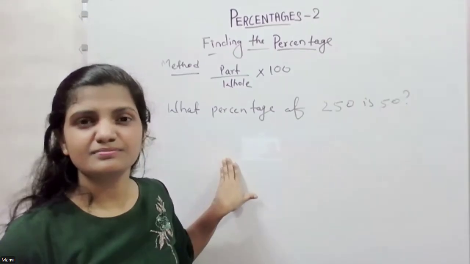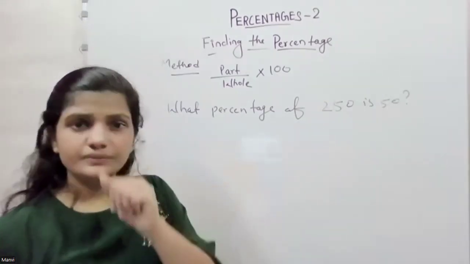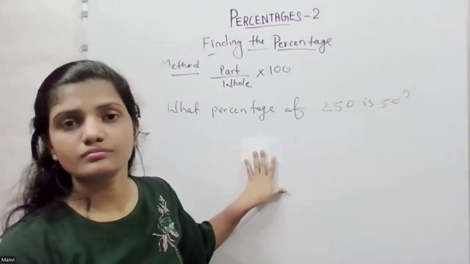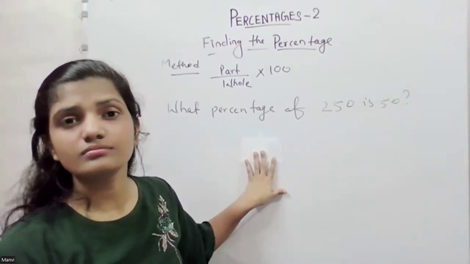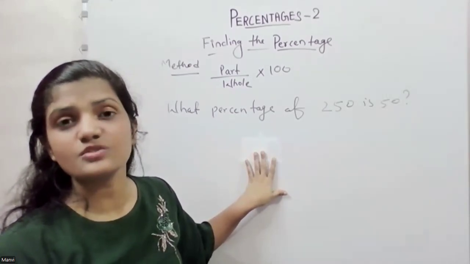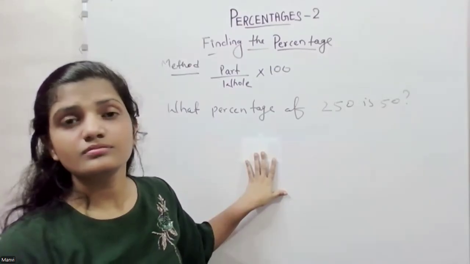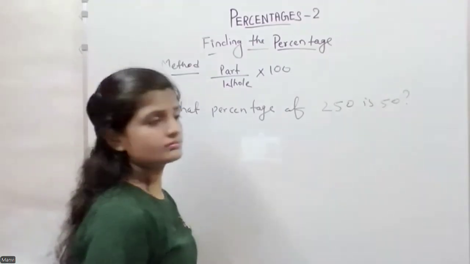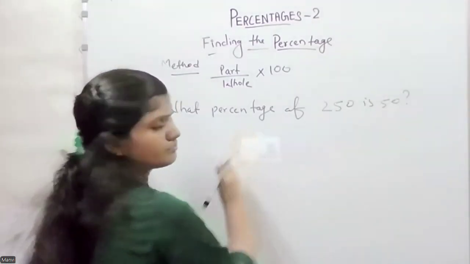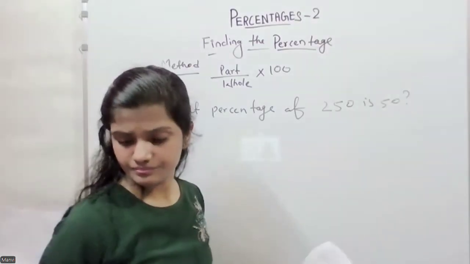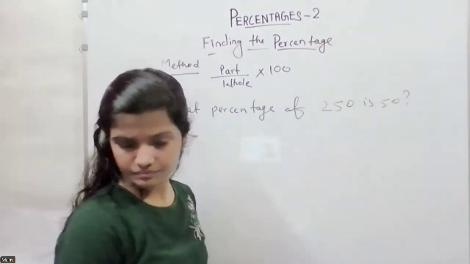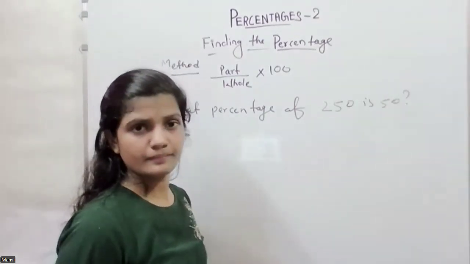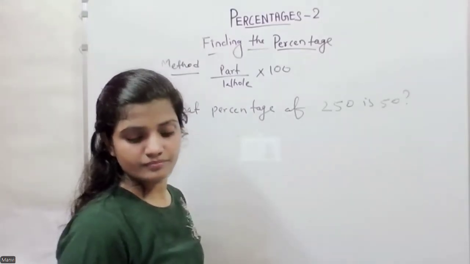I did 25 divided by 5. What is the part? The part is 50. And the whole is 250. And you need to times this with 100. So how did you get the wrong answer? Please check again. Is it 125%? No.